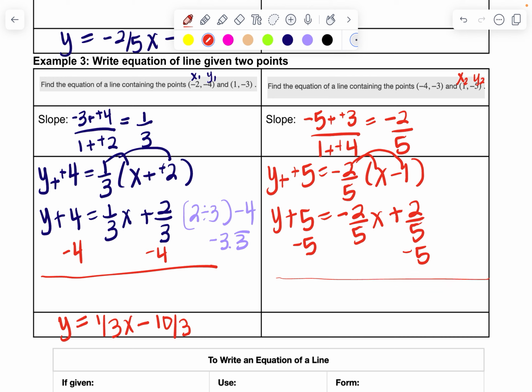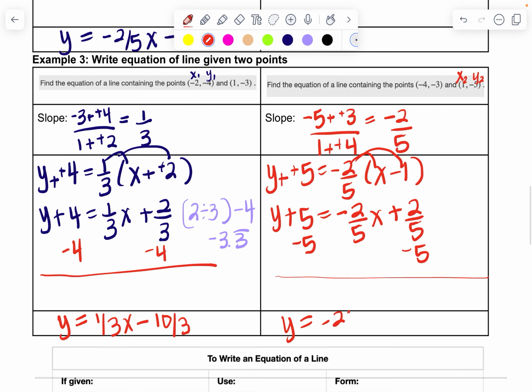Again, you have to do 2/5 minus 5 on your calculator and then turn it into a fraction. And you'll end up with y equals -2/5 x minus 23/5. Again, if you put this into your calculator and simplify, you'll end up with -23/5.